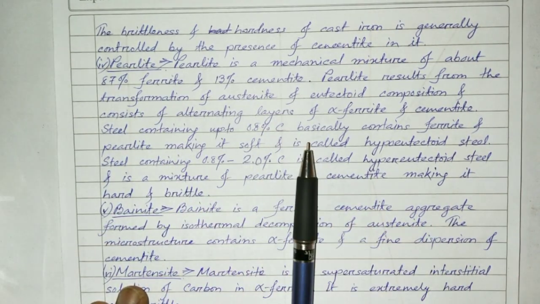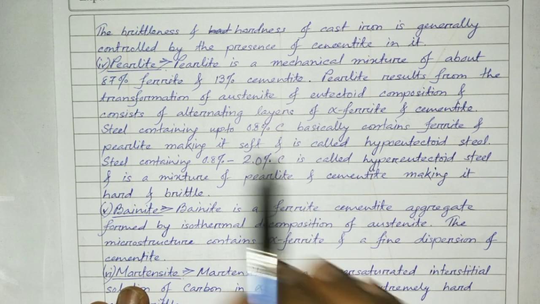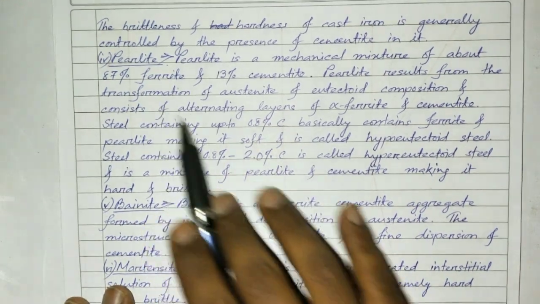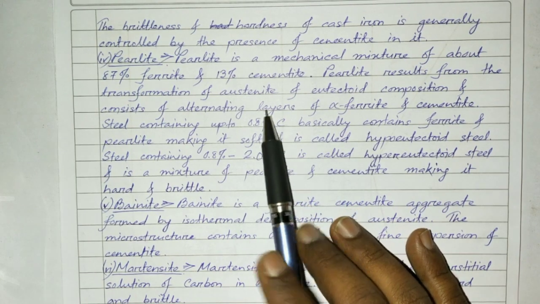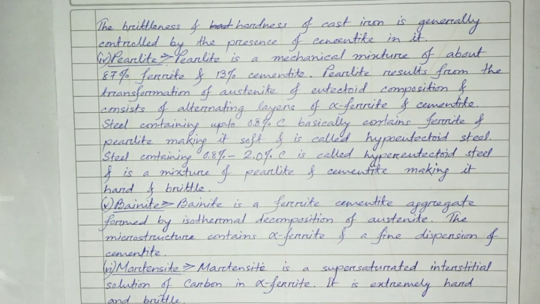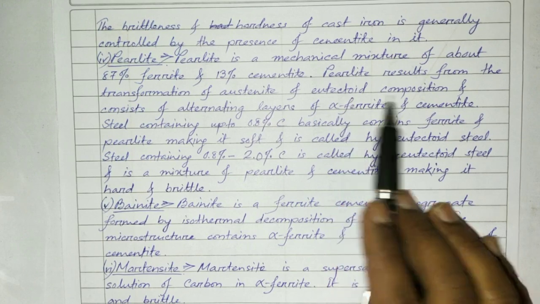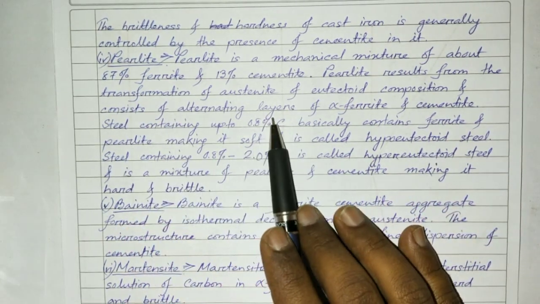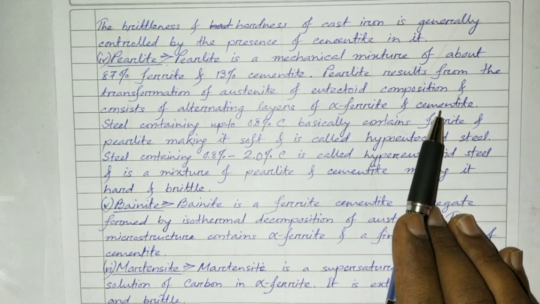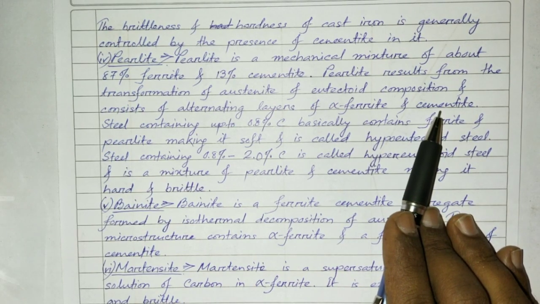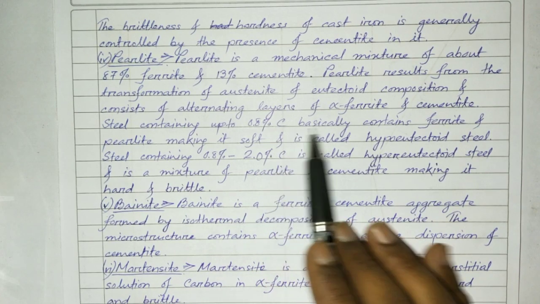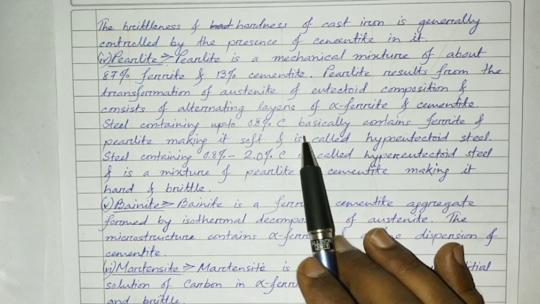Moving on, we will see pearlite. Pearlite is a mechanical mixture of ferrite and cementite. It is formed generally due to the transformation of austenite of eutectoid composition, and it forms different layers of alpha ferrite and cementite alternately. It contains around 0.8% of carbon, and it is soft.